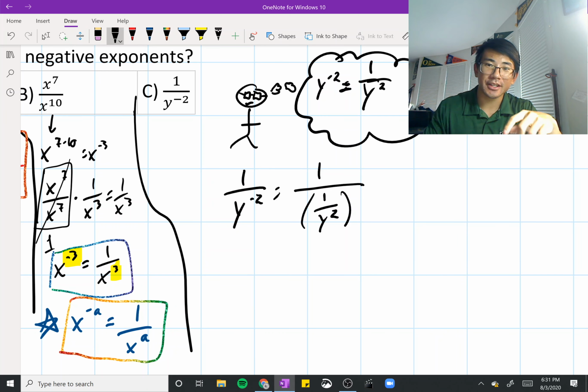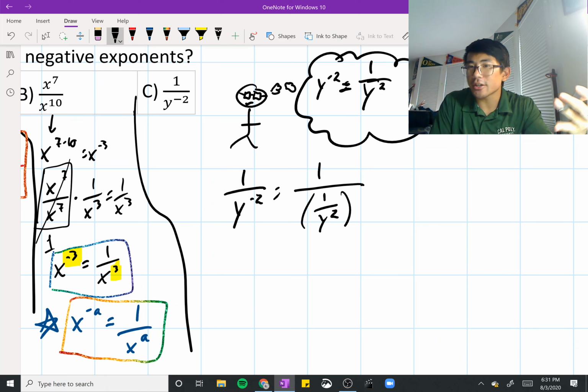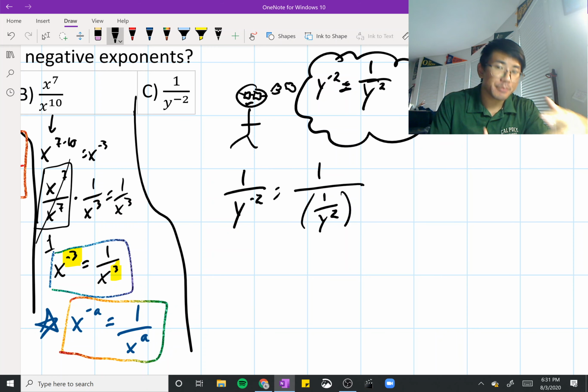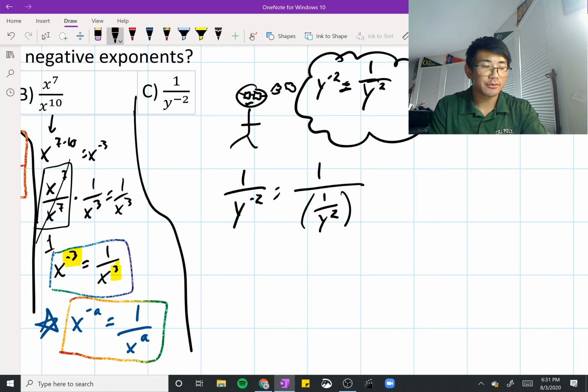1 over y squared. Now, this looks nasty, and usually we don't like to look at what we call compound fractions, fractions within fractions. But if we just remember how fractions work and what they are, this is actually not too bad. Because remember, every fraction is a division problem in itself. So 1/2, for example, is really just 1 divided by 2, or 0.5.